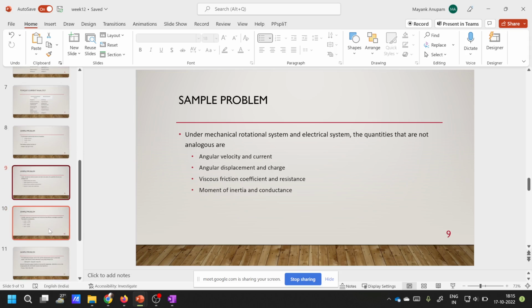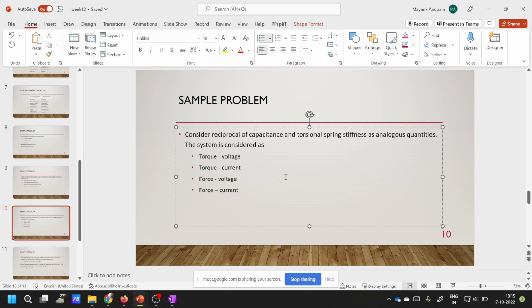Fine. Next question is, consider reciprocal of capacitance and torsional spring stiffness as analogous quantities. So we are talking about 1 over C, and then the torsional spring stiffness as analogous quantities, right? So the system is considered as what? Whether it is torque voltage, torque current, force voltage, or force current.